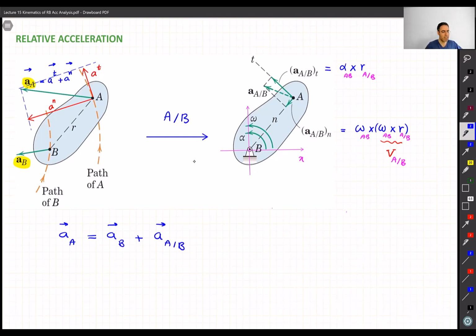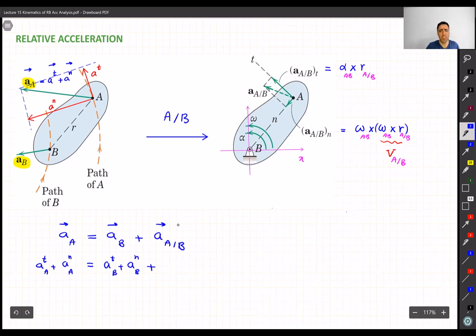The same letter, instead of V, we are just using A. Acceleration of point A is equal to acceleration of point B plus their relative acceleration. Except this time, we need to keep in mind that AA has two components, ATA plus ANA. And the same with AB. It has its own tangential and its own normal acceleration.